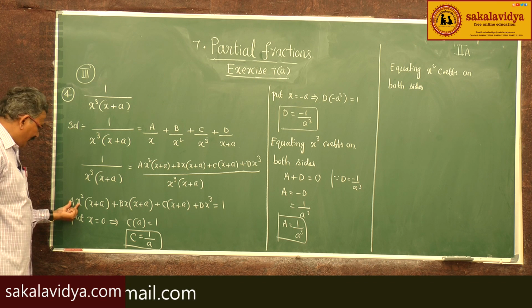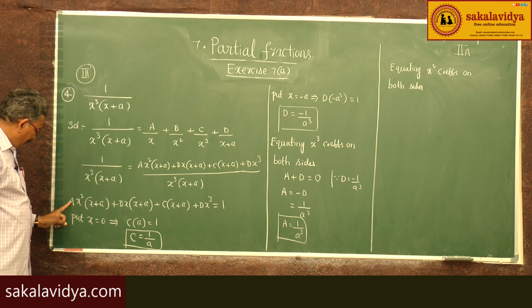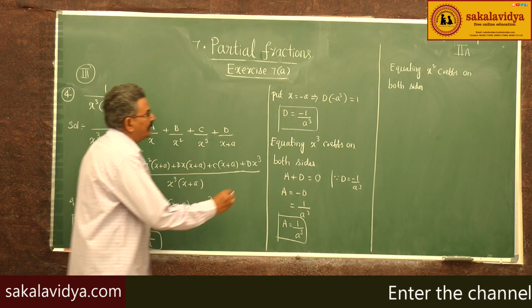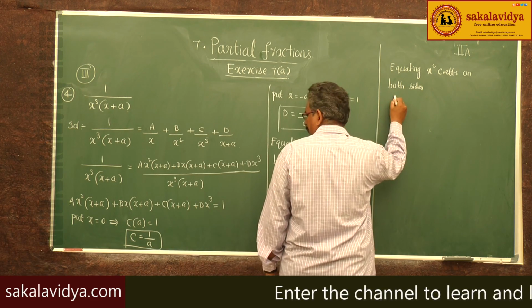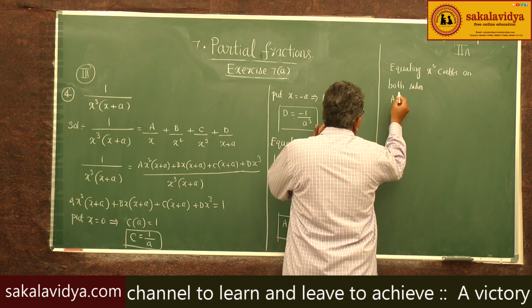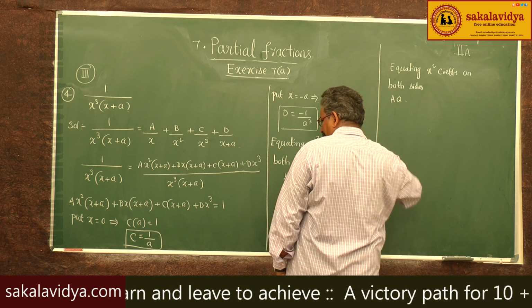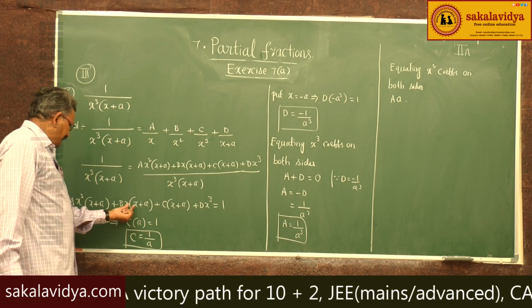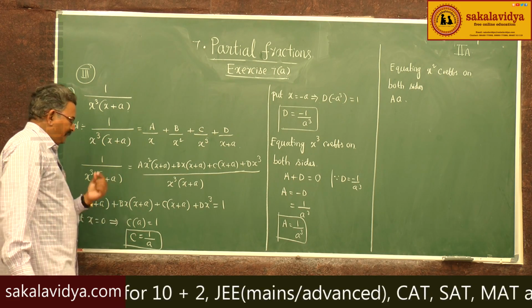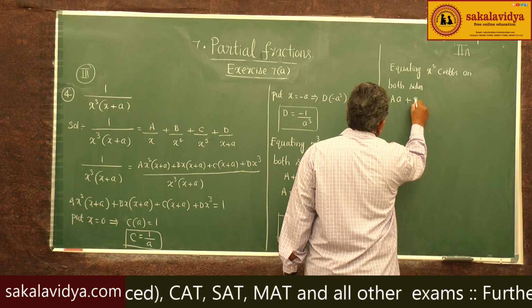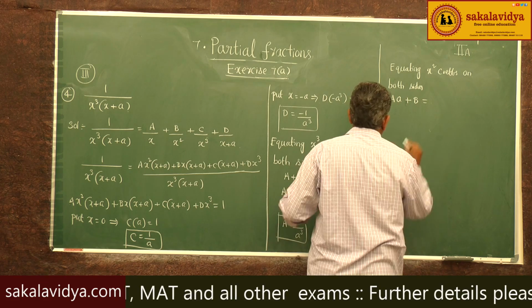Here a x square into a, that means a times a, plus b x into x, so plus b, equals 0 here.